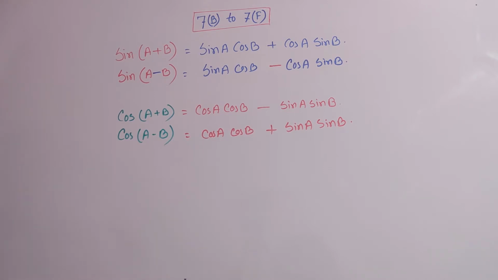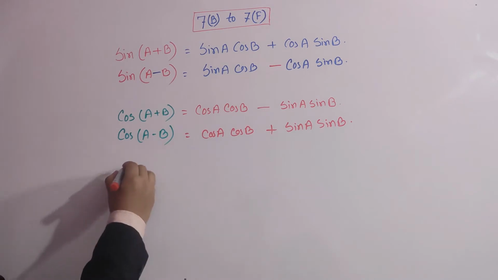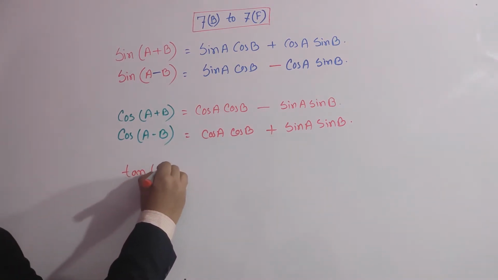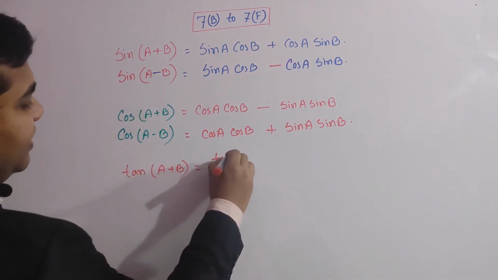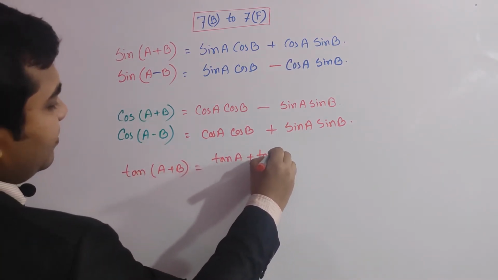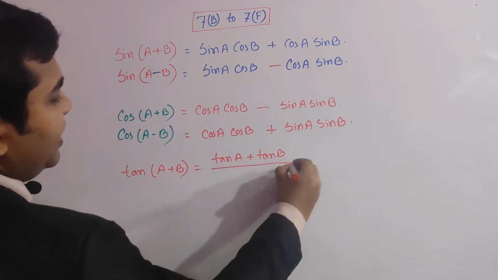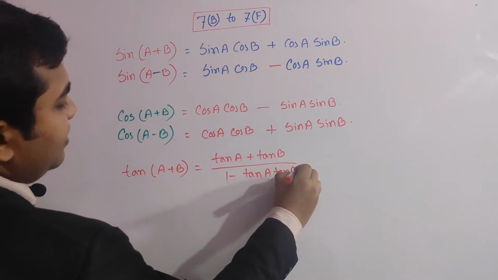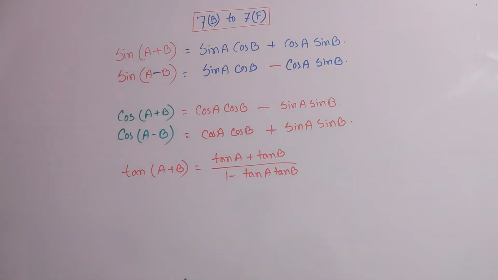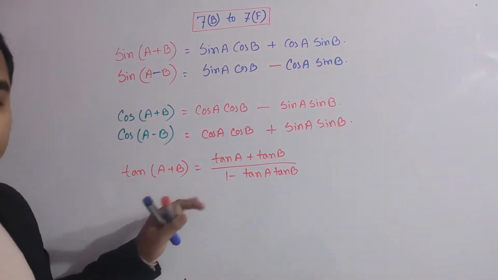Now we move on to tan A plus B. It should be tan A plus tan B divided by 1 minus tan A tan B. So tan A plus B is tan A plus tan B divided by 1 minus tan A tan B. So what will it be for tan A minus B?